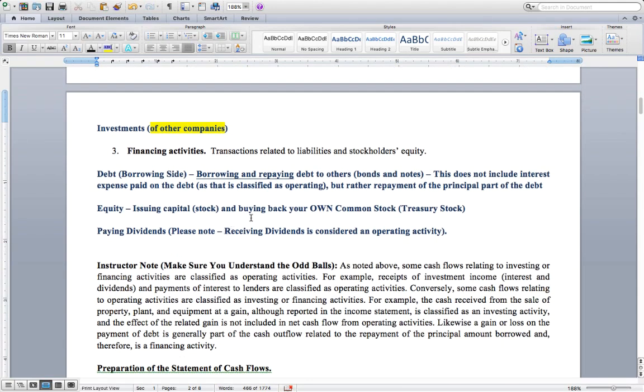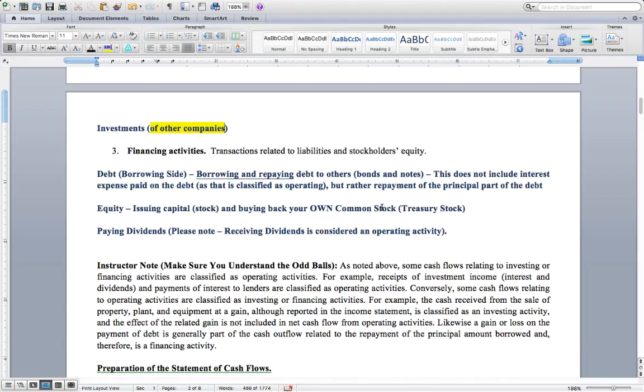Next, financing activities. These are transactions related to the liabilities and stockholders' equity of the company. With regards to debt, this relates to the borrowing side. So when you are borrowing and repaying debt from others. So if you are borrowing money from company A and repaying money back to company A, that would be considered a financing activity.